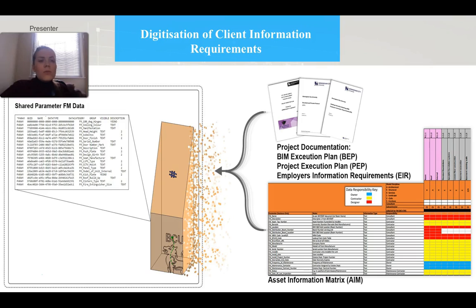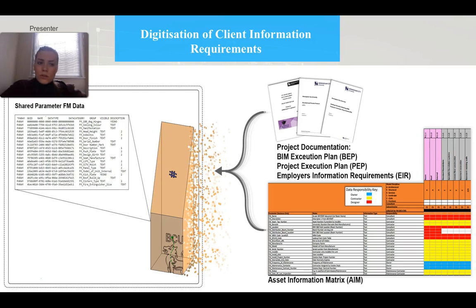So the assets or objects themselves have their own FM parameters, but the information totem just hosts the shared FM-related parameters, which are relevant to every single room or space within that building.